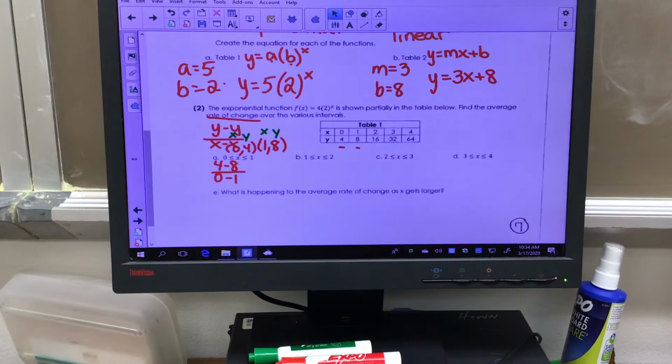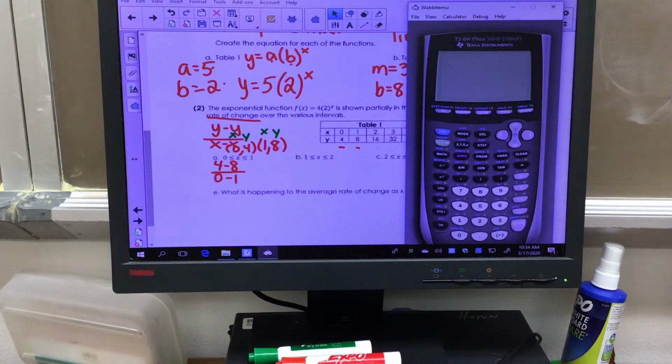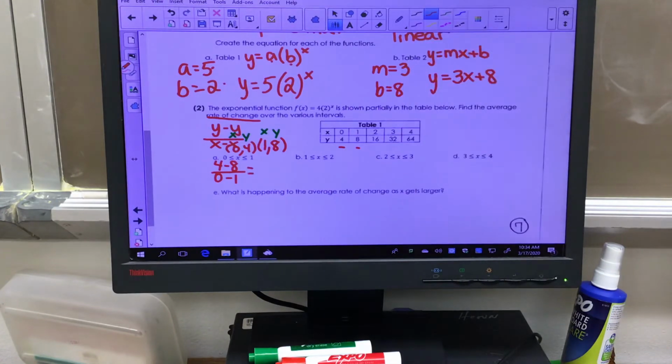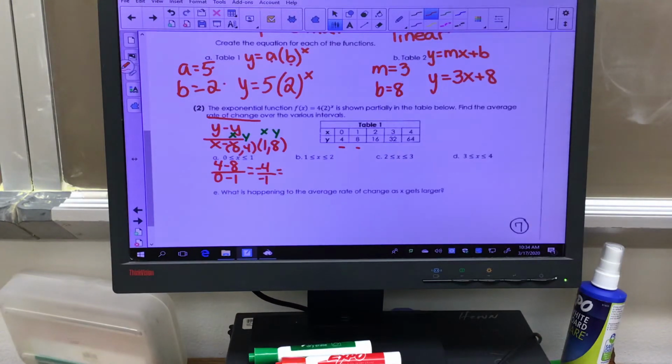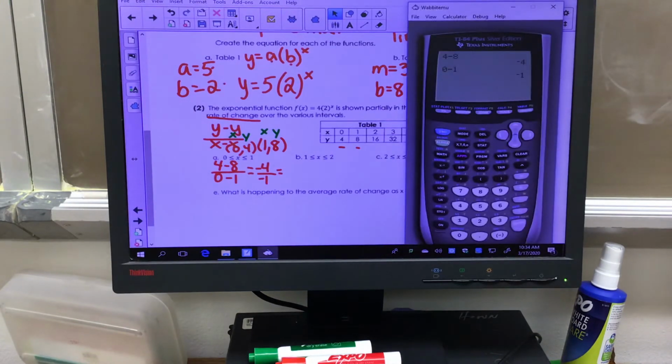We do the math. 4 minus 8, negative 4. 0 minus 1, negative 1. When I divide, negative 4 divided by negative 1, I get 4.